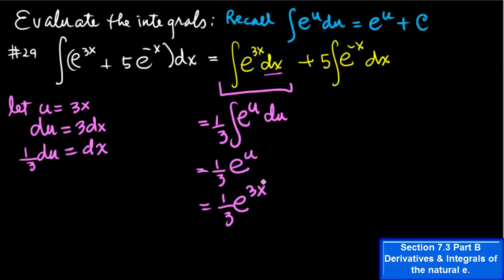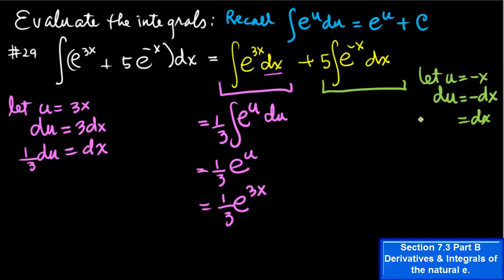Right, now we're almost there. Let's take a look at the second part. So let u equal minus x. So what is your du? It's going to be minus dx. So your dx is really just minus du, so that we can have a match right there. So how does this look then?